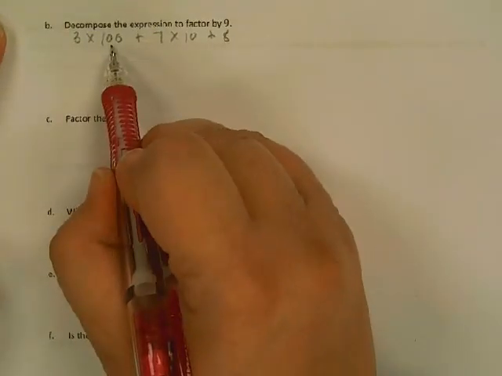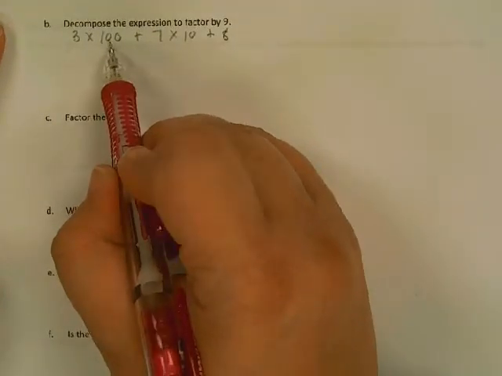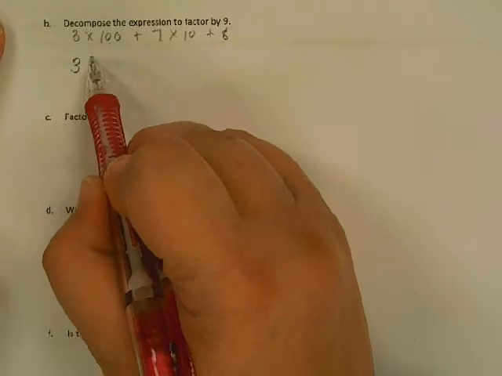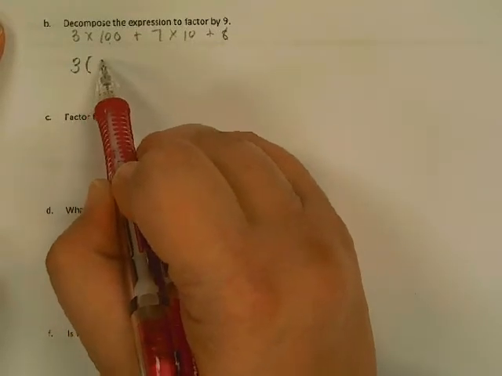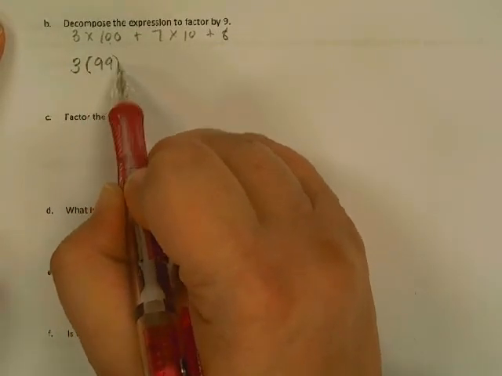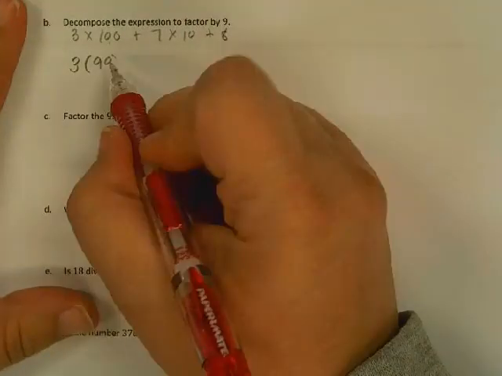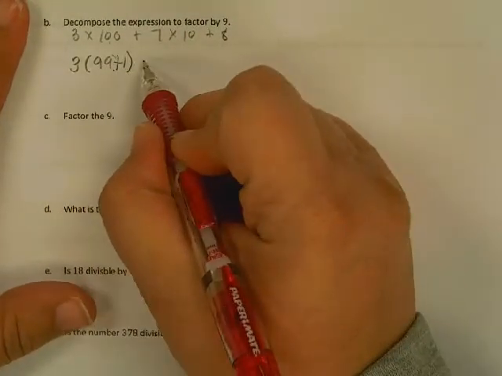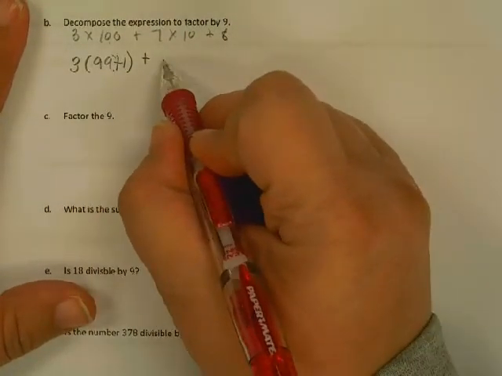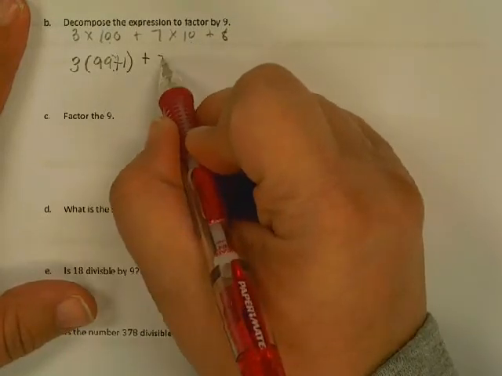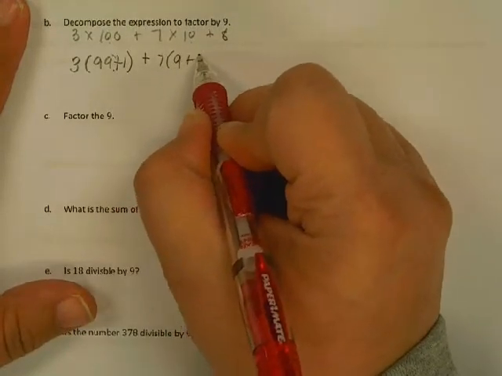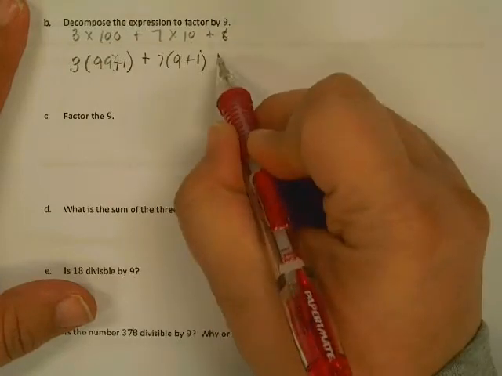So they want me to decompose this 100. So I can do 3 times 99 plus 1, plus, I'm going to decompose this 10, 7 times 9 plus 1, and then I'm going to leave my 8.